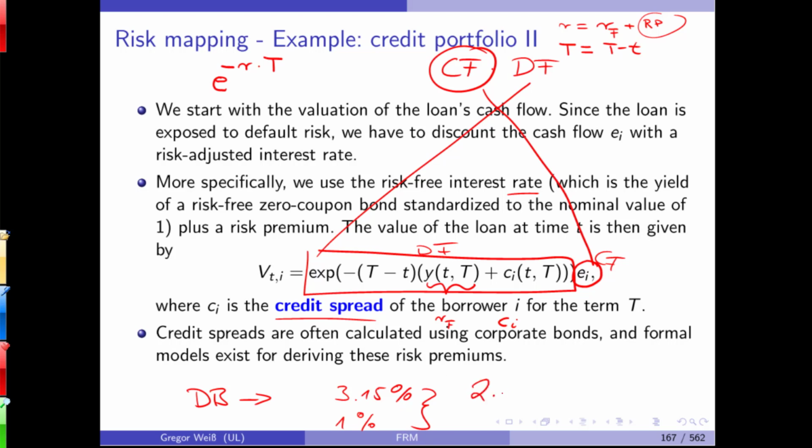That's 2.15% is the credit spread. And this is obviously the extra you would need to use here in the risk-adjusted interest rate. That's the credit spread, and credit spreads can be extracted from corporate bonds.